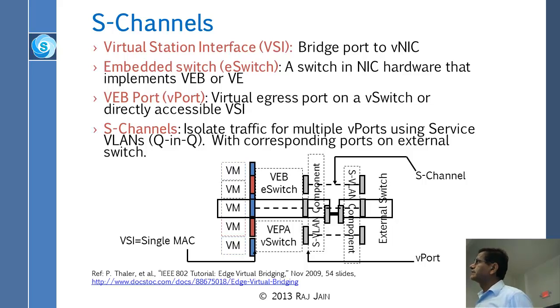S channel is the traffic coming from multiple ports. There are 3 ports here, 1, 2, and 3. These 3 traffics have to be distinguished, so we set up 3 S channels. These are virtual channels actually. So this switch now implements 3 virtual ports, and these things are somehow connected.